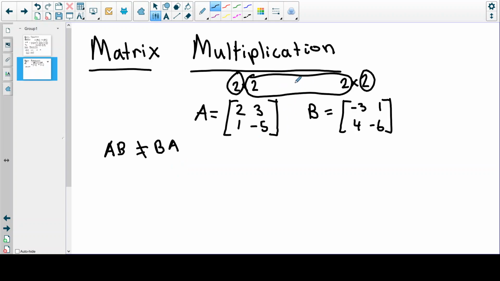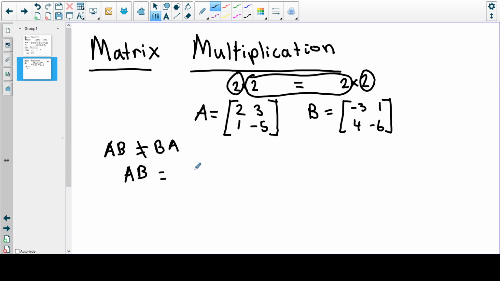So since the insides are the same, 2 and 2, this is possible, and the outsides are 2 and 2, so our final matrix is going to be a 2 by 2 matrix. So let's do AB. So this is what AB is going to equal.